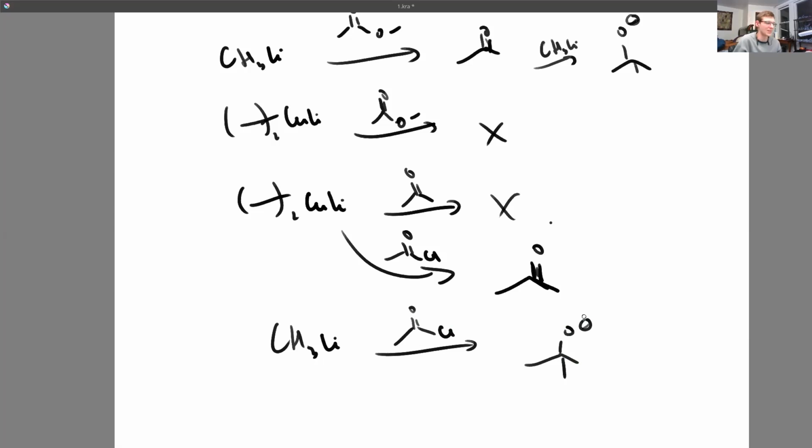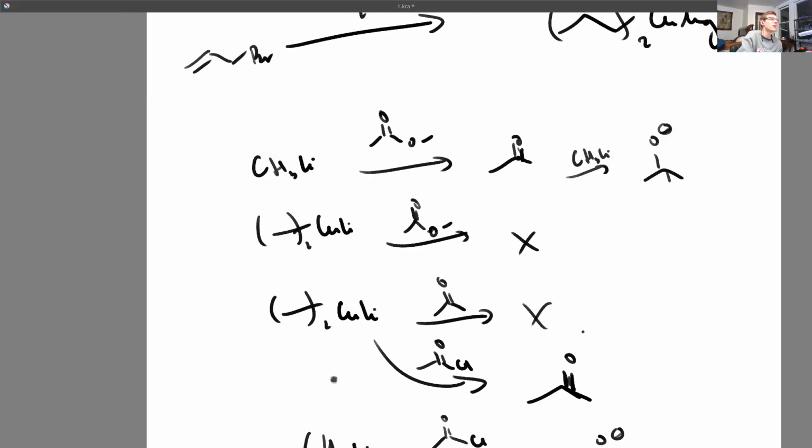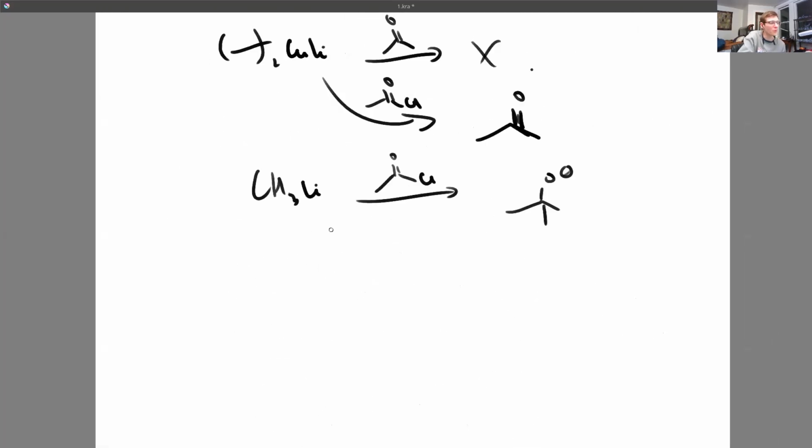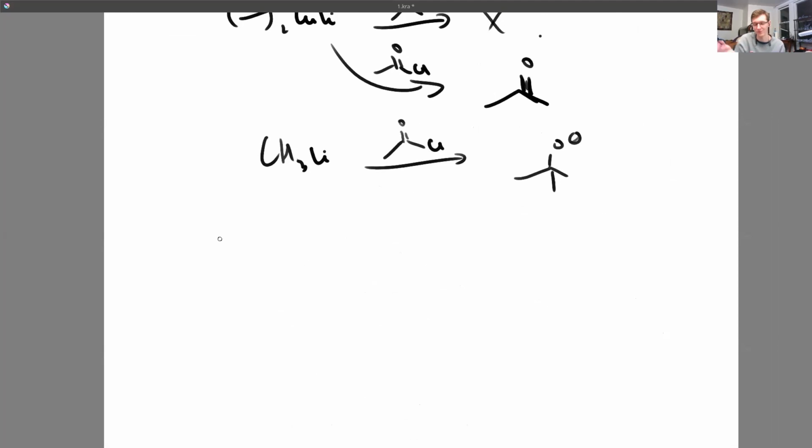So that's the nice part about cuprates. The fact that they work this way is also nice because you get to be a little bit selective with them. So, why don't I actually start writing out a list, because there's some reasons why cuprates are nice.